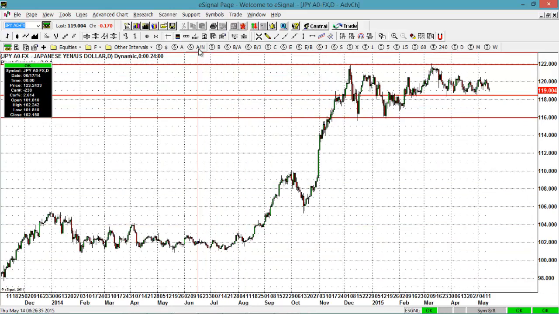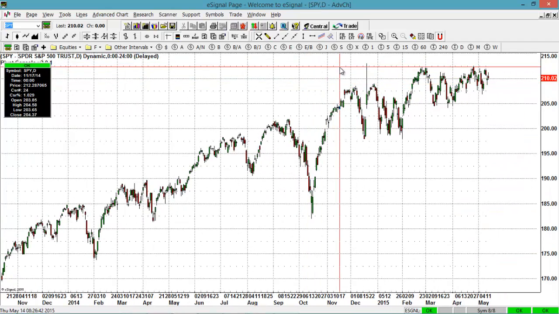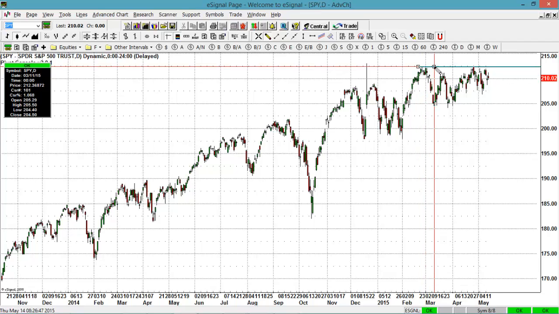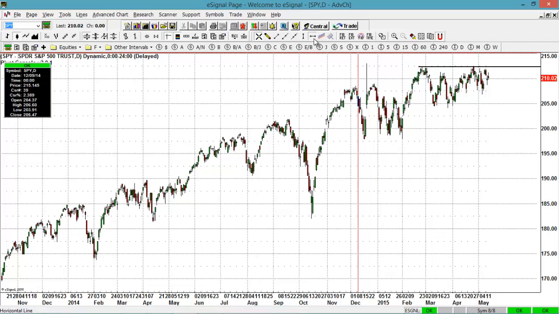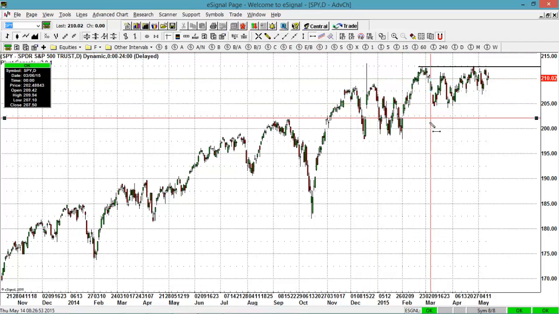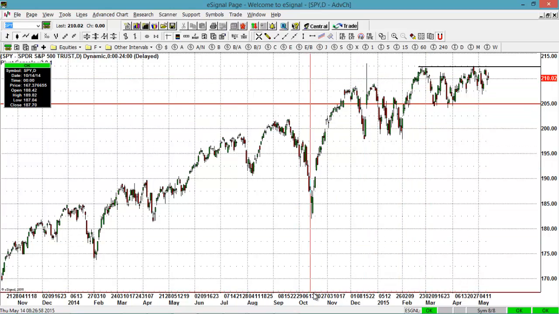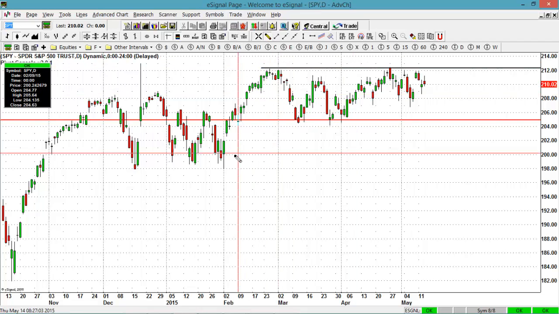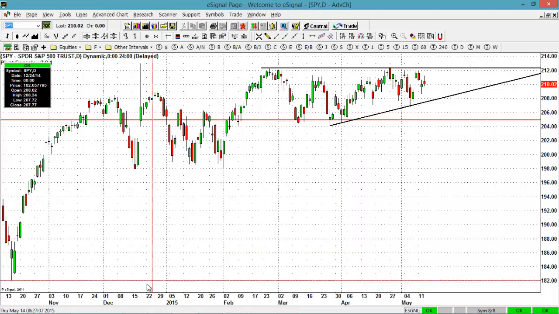The final market I want to highlight is the US S&P 500, this SPY S&P 500 ETF. What do we see here? We see consolidation. That's what's happening in the US stock market, and if you go down even further, you will see that there is a triangle.